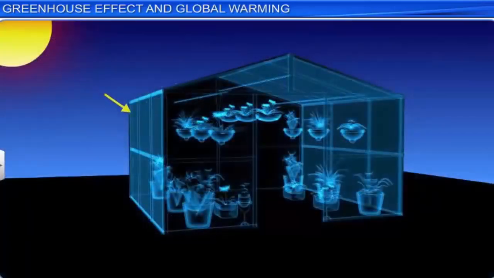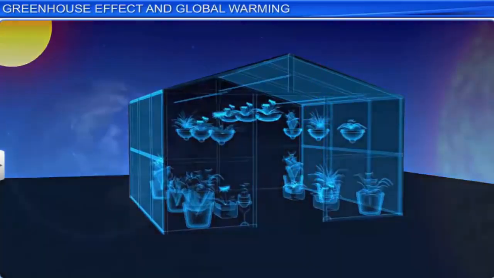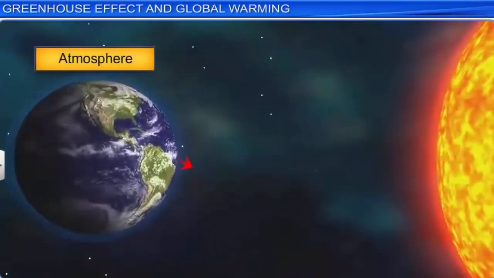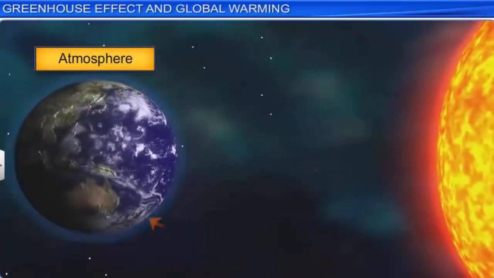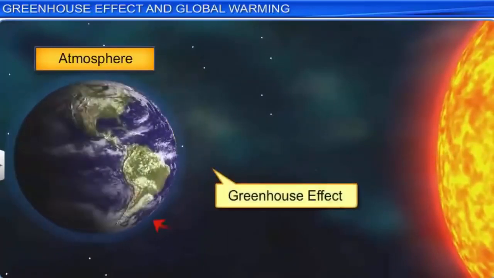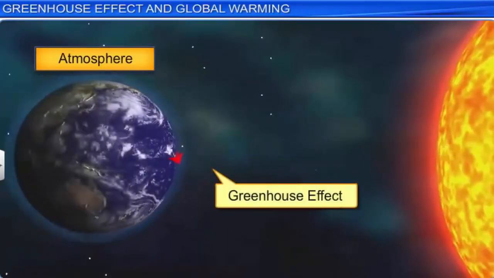A greenhouse traps solar energy and heats the interior, while the roof and walls slow the escape of heat. This process resembles the way the atmosphere helps keep the earth warm by trapping solar heat, and hence the term greenhouse effect is used to describe the earth's heating process.